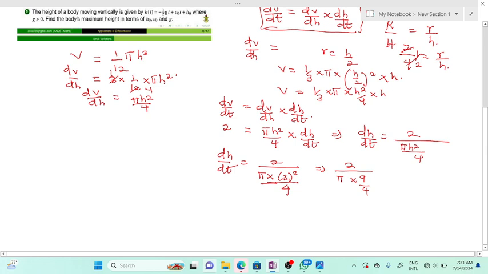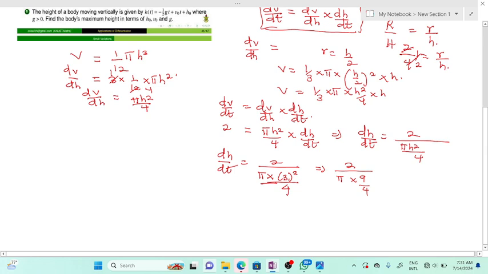So that is our change in height with respect to what? Time. You can also leave your answer in pi, or you can choose not to simplify this pi, but leave it in that form. It's all the same.